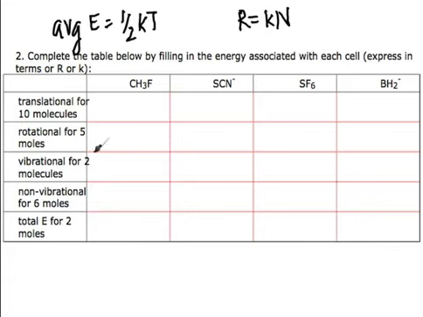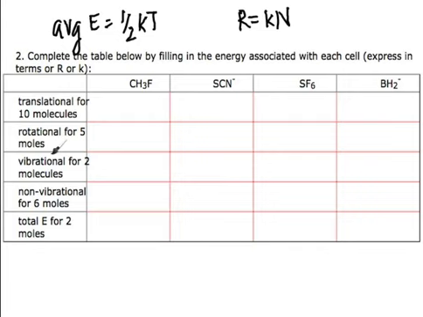All you have to remember is that if you see molecules, then we're going to be using kT. However, if we see moles, then we're going to use R instead of Boltzmann's constant.